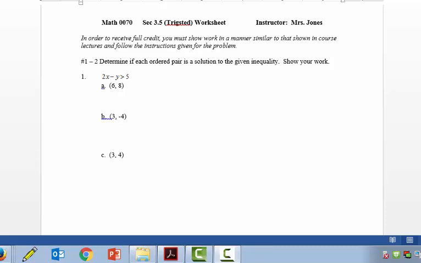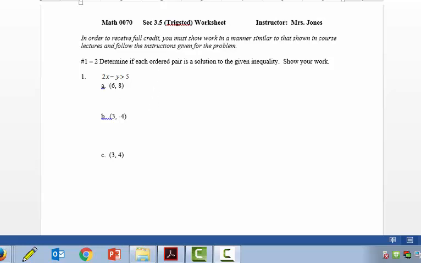Okay, let's take a look at this worksheet for section 3.5. We want to determine if the points (6, 8), (3, -4), and (3, 4) are solutions to the inequality 2x minus y greater than 5.